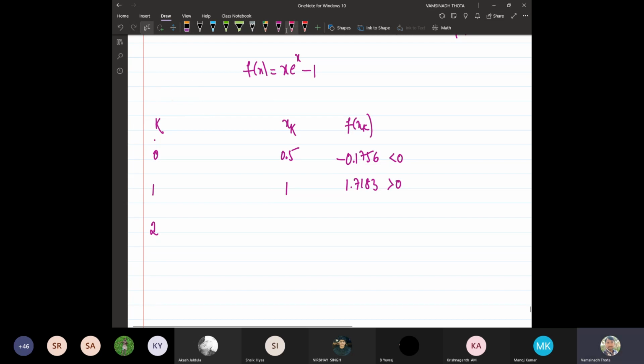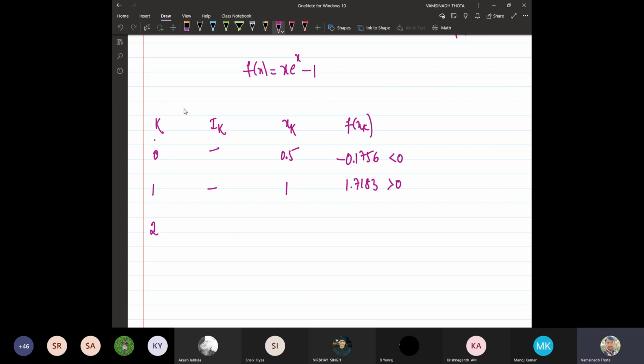In the regular falsi method, it is better if we write the interval also. Here, these are the initial guesses.